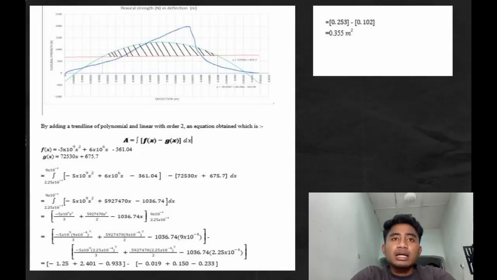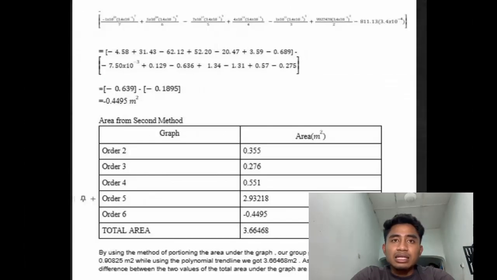To get the area under the line, we need to use the appropriate formula, which is f(x) minus g(x). Determine the equation from the graph and insert it into the formula to get the value of the area. Lastly, find the area with the value nearest to method 1, but make sure that the value from method 2 is not higher than method 1.